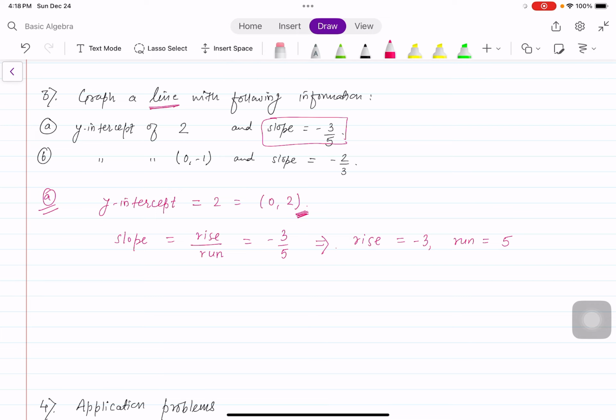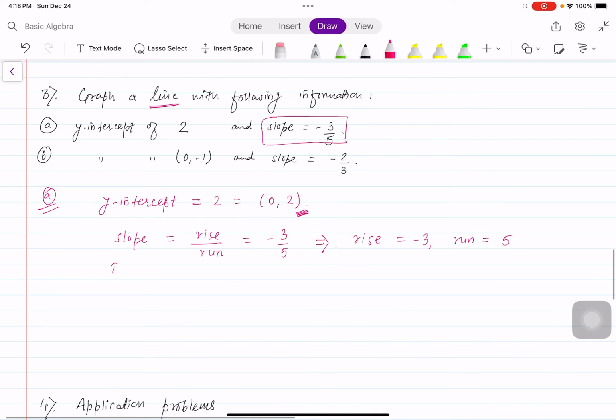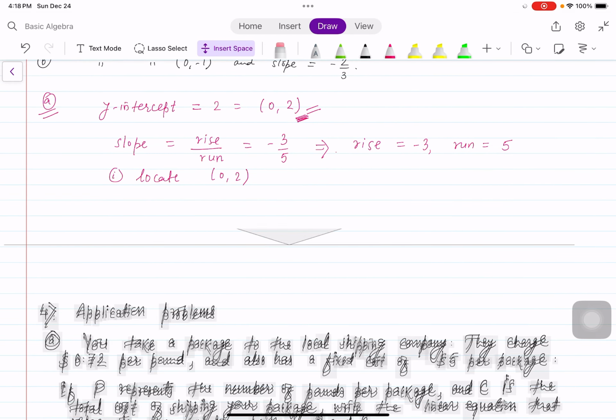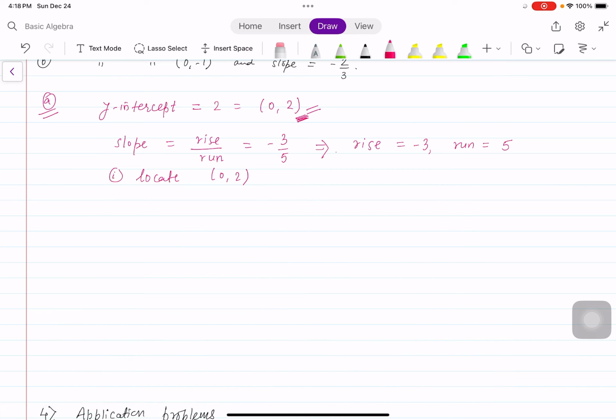Once you find this point, locate (0, 2). So for example, let's move this a little bit downwards. So locate (0, 2). Where is (0, 2)? It should be somewhere here, right? And now rise. What is rise? Let me clarify something.